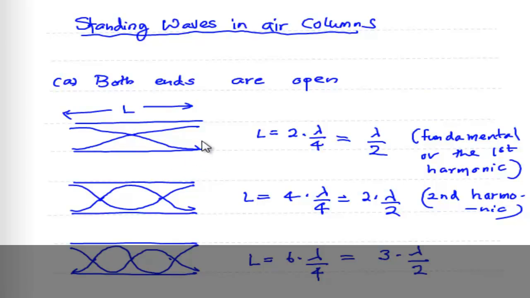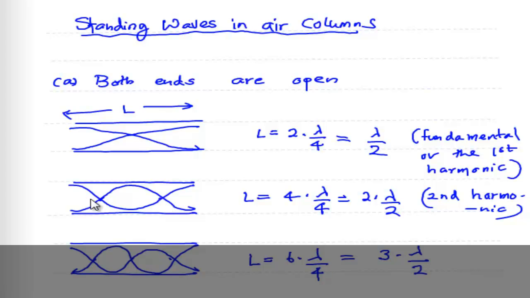So we know that this 1/2 of a loop is a quarter of a wavelength. In the fundamental mode, then we have 2 times lambda over 4. This part is lambda over 4, that's lambda over 4. So 2 times lambda over 4, which is lambda over 2. The next higher mode would be a loop plus 2 half loops. So that would be 4 times lambda over 4.